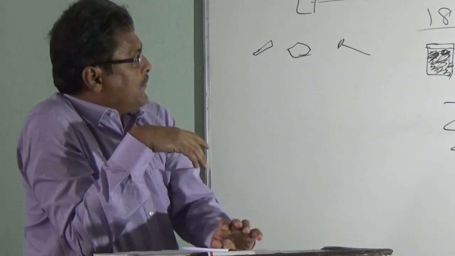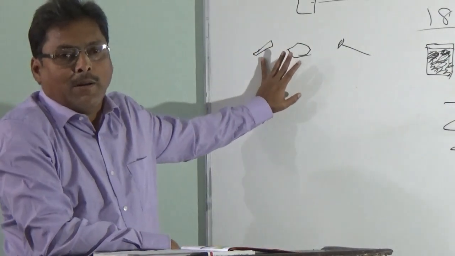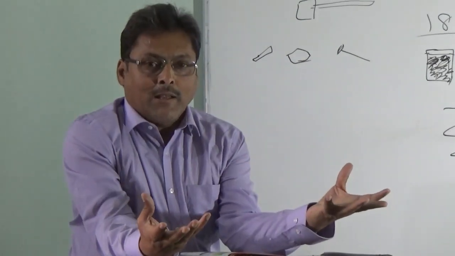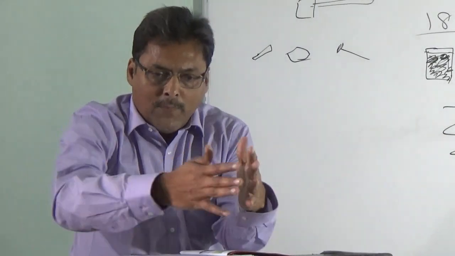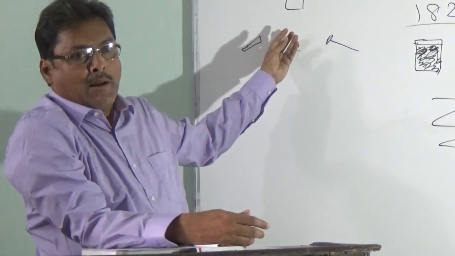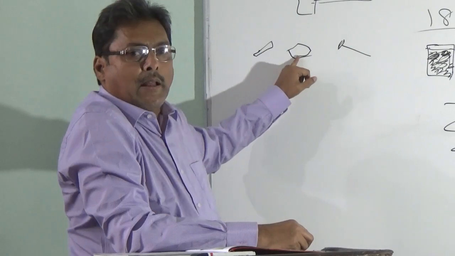Now, it proves that the particles in this chalk were less attracted to each other. So with a little force, we have broken them apart. We have separated them. The force of cohesion, force of attraction, was a little stronger in the brick.